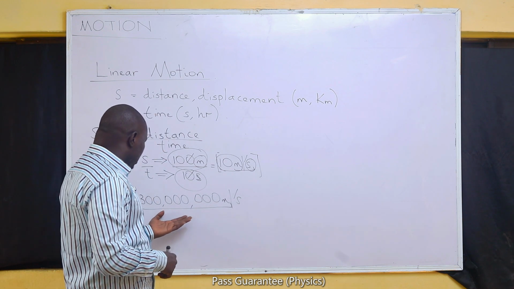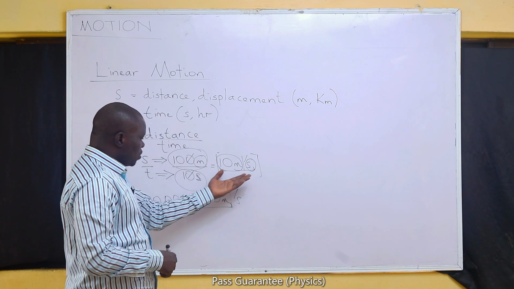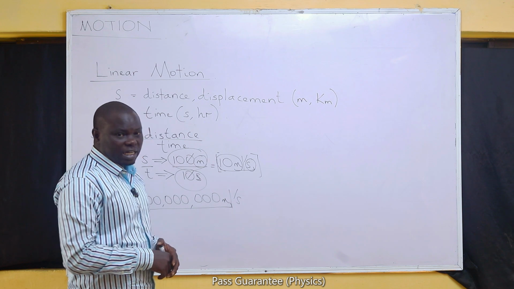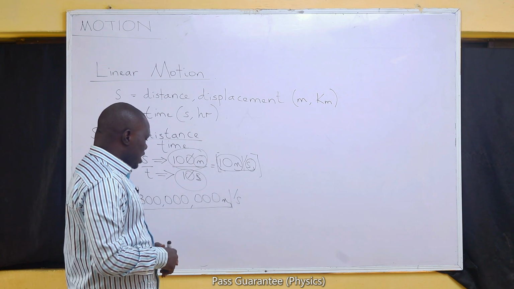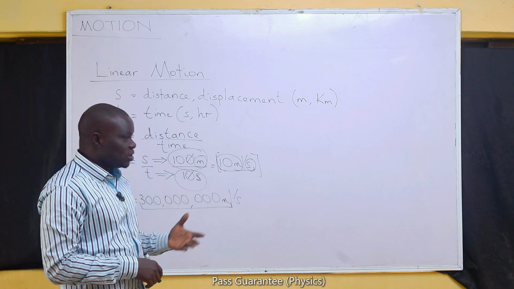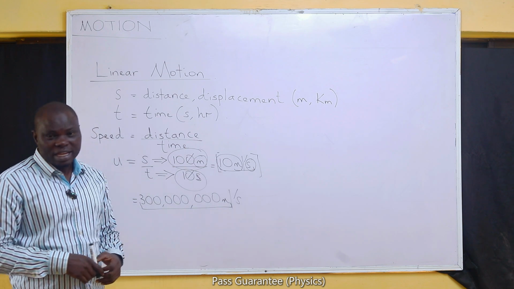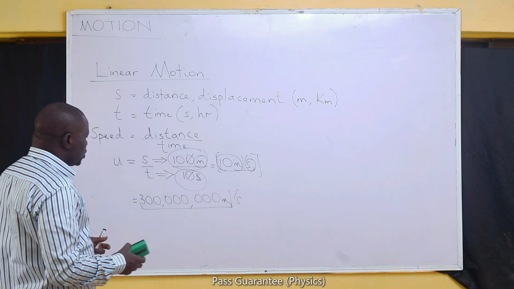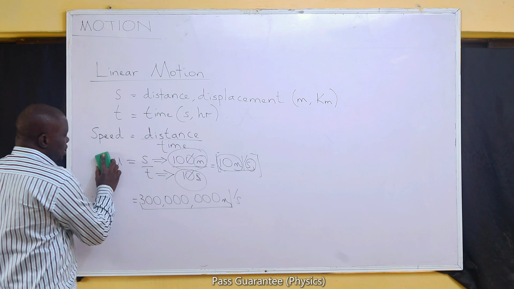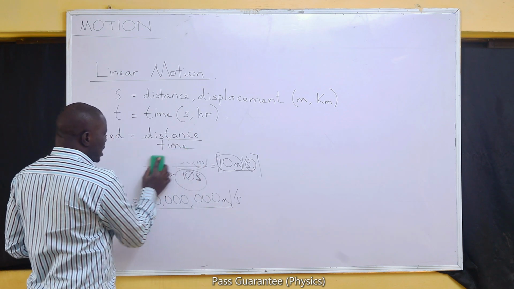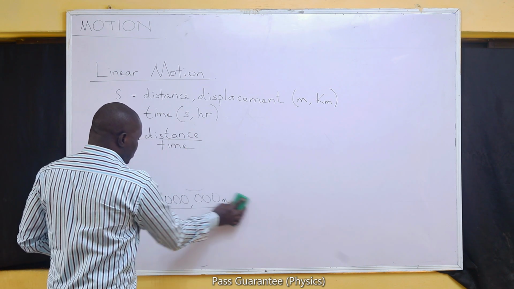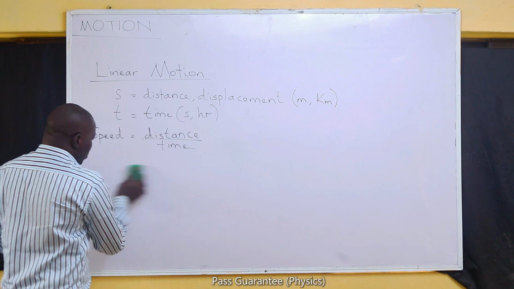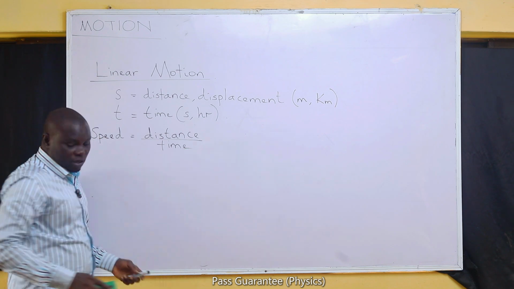If you compare that with that of an average athlete, you will understand how slow the man is when you compare an average man's speed to that of light. So that is speed. Speed helps us to understand the rate at which you are covering your distance.